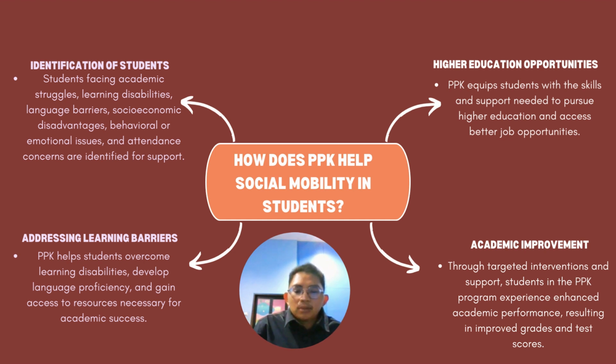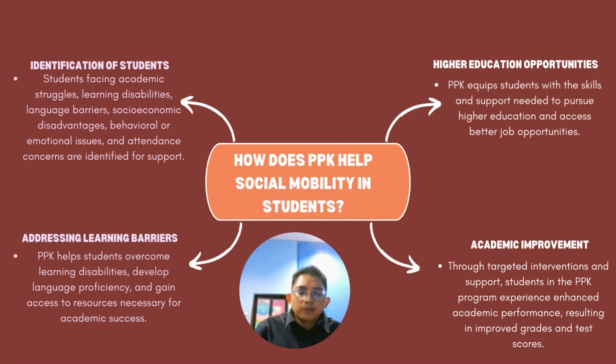So academic success is an essential matter in helping students to improve their social mobility, just like I said in the previous slides. For example, students who were previously struggling in math may receive personalized tutoring or small group instruction from math teachers to improve their understanding and mastery of key concepts.